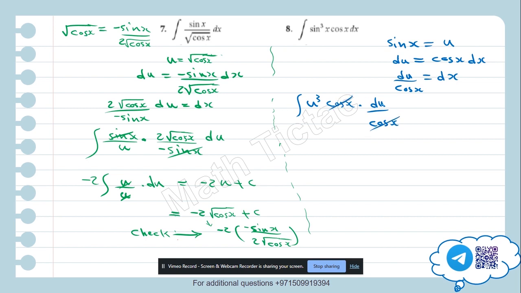So cosine with cosine is eliminated. Now all I have to do is just find the integration of u cubed. This is u to the power 4 divided by 4 plus c. Then I'll put my value back again. So this is sine to the power 4 x divided by 4 plus c. That's it. This is the end of question 8.